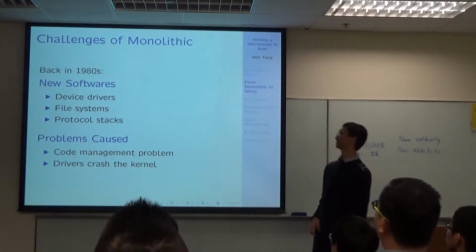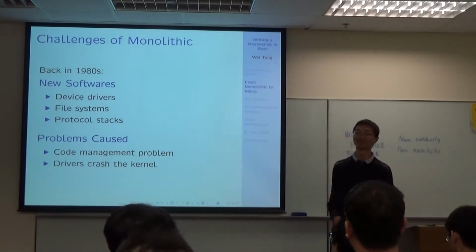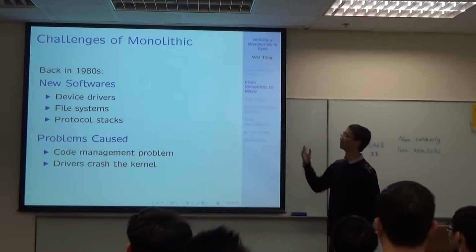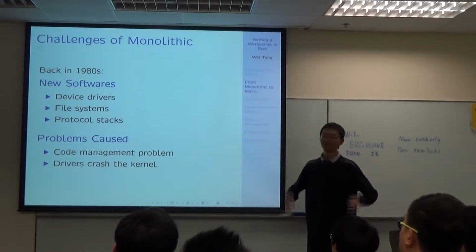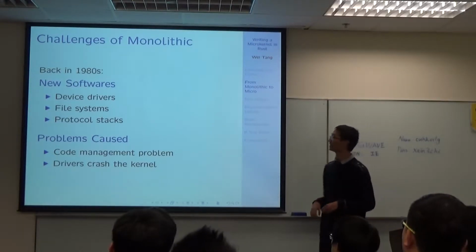So, a brief history of the monolithic kernel and microkernel. In around the 1980s, people were still in the research field. People were still writing a lot of monolithic kernels.